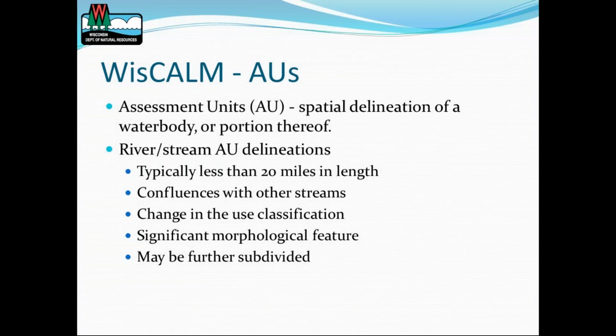It may be split up because there's a change in the use classification, or maybe there's a significant morphological feature. Maybe there's an impoundment in the river and upstream is different than downstream of that impoundment. It may be further subdivided. And if you've ever looked at our assessment units, they don't always follow these clean rules of splitting at a confluence or a use classification change.